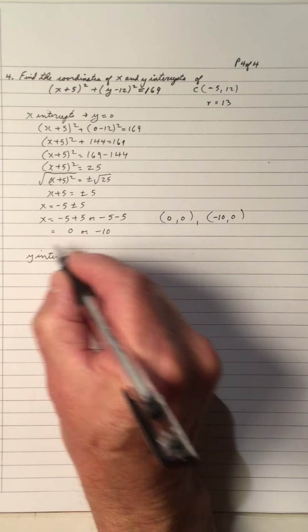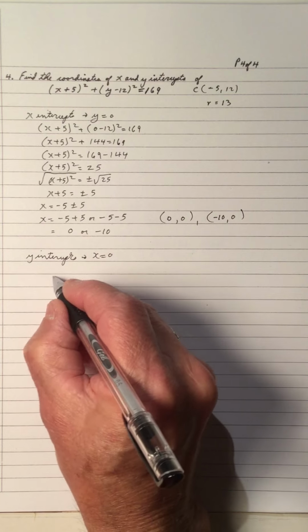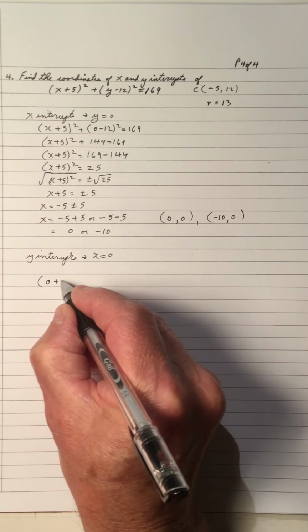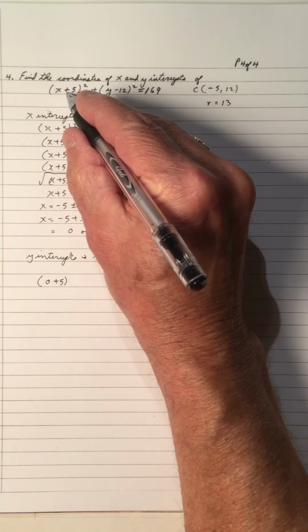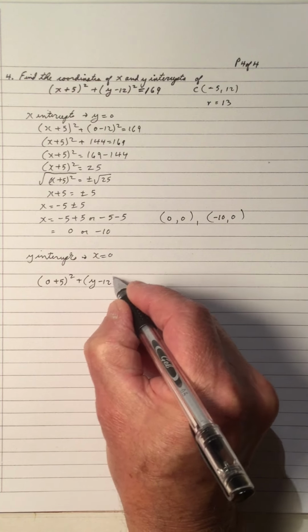The y-intercepts are when you let x equal 0. So you take the equation and you let x equal 0. There's the equation. We're putting x equals 0 in, and we're solving it for y.